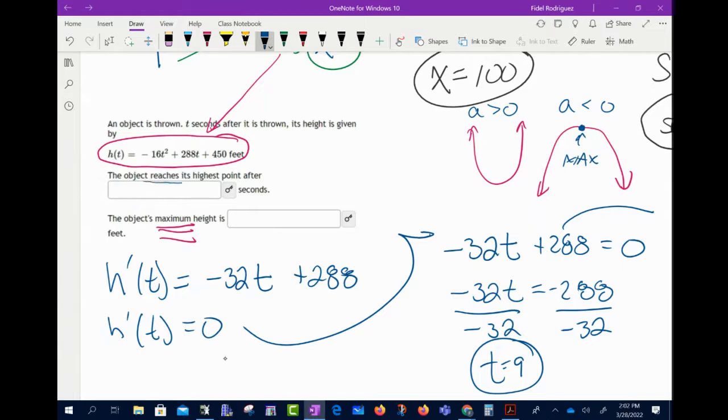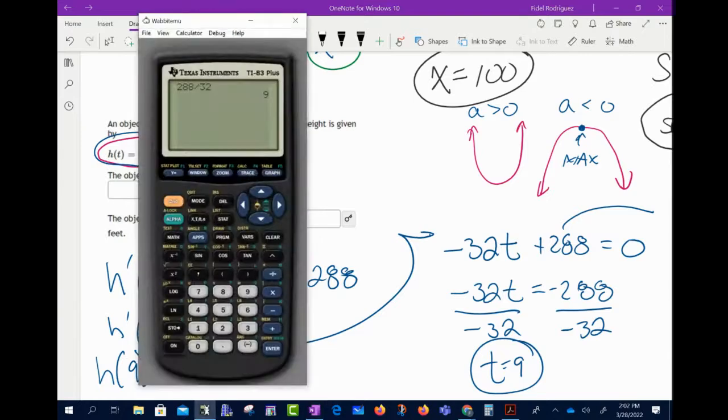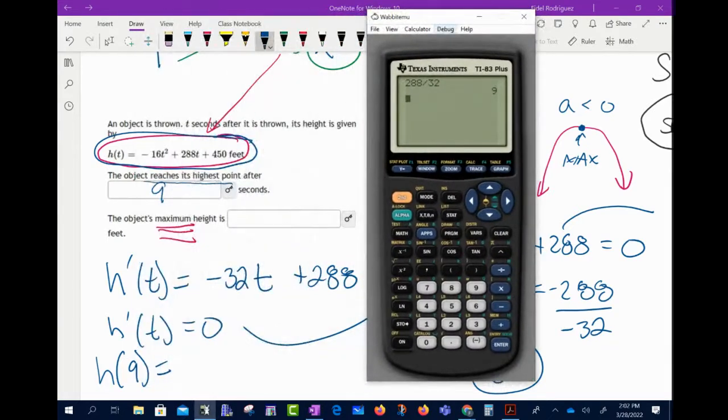So look what it says. The object reaches the highest point after how many seconds? In this case, 9 seconds, right? And then part B, what is that maximum height? What we want to do, y'all, is find h of 9. So we're going to come back to the original function, and everywhere we have the letter t, we're going to plug in what number? We're going to plug in the 9.